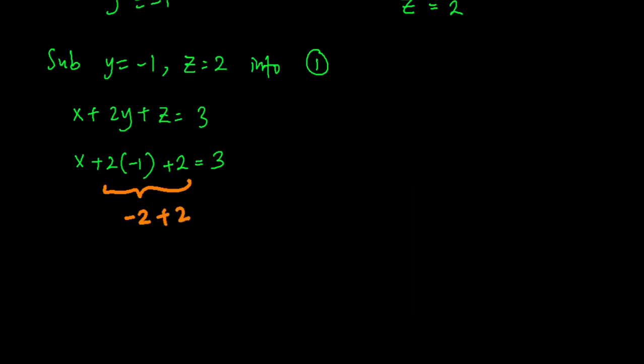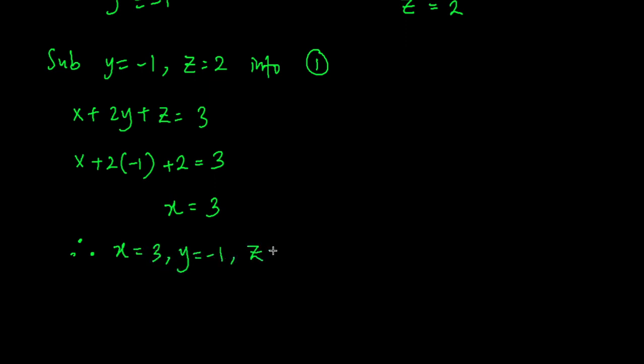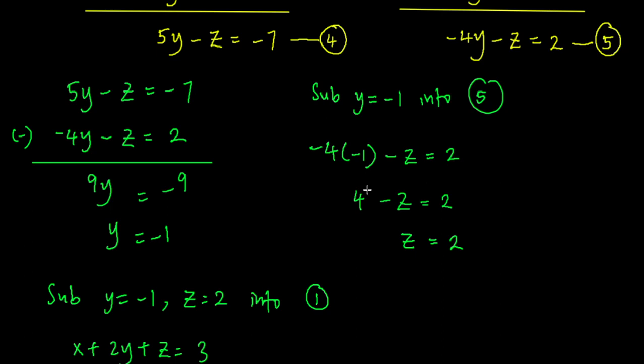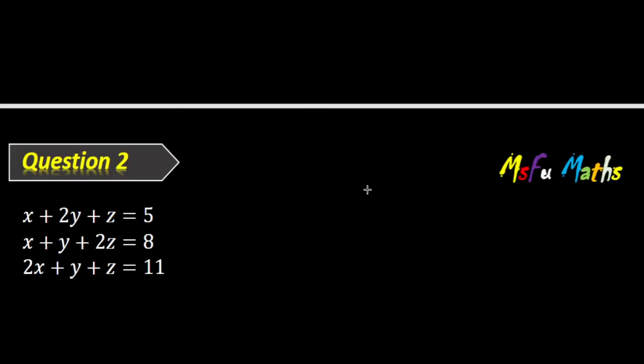Negative 2 plus 2, isn't that 0? That's good, right? So your x is 3. Therefore, just make a conclusion here. Your x is 3, y is negative 1, and your z is equals to 2. Ta-da! Done. Okay? Alright. So let's move on to question number 2 here.